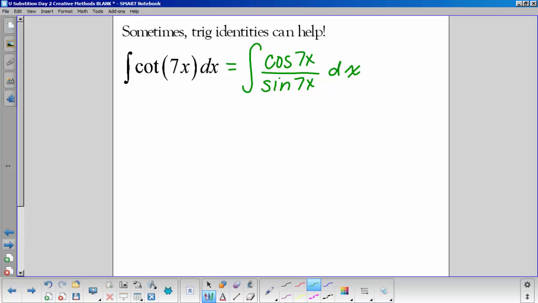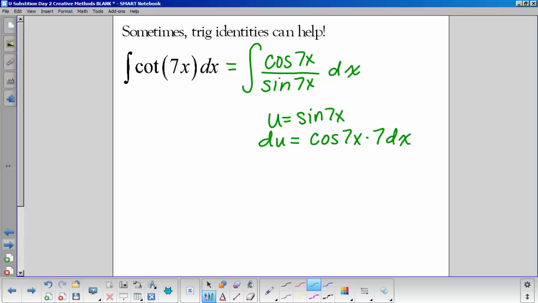Now, just like we usually choose things that we are raising to a power, normally we'll choose the denominator for u. So let's try it. So u equals sine of 7x, du equals cosine of 7x times 7 dx.